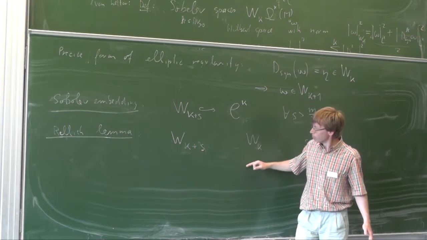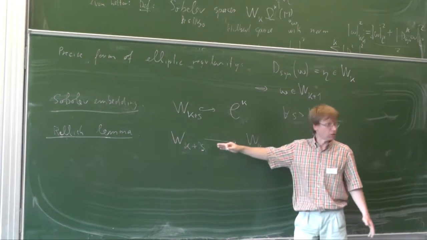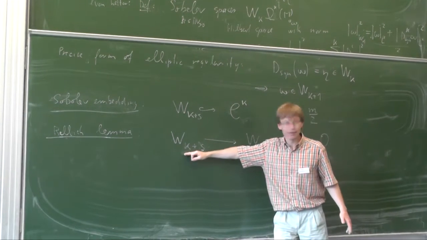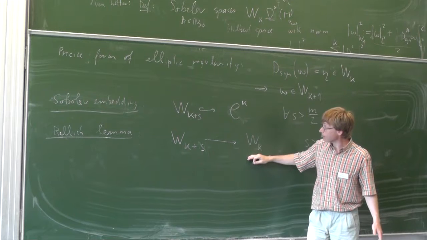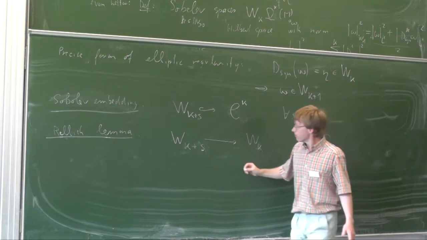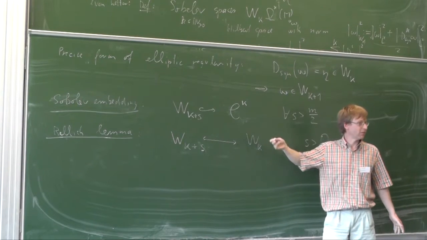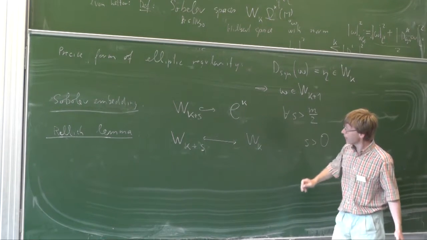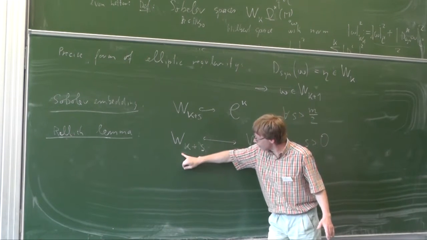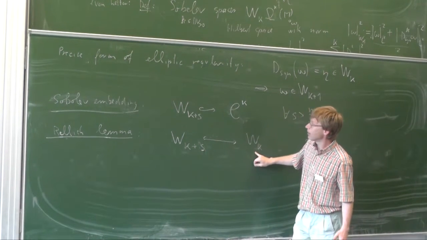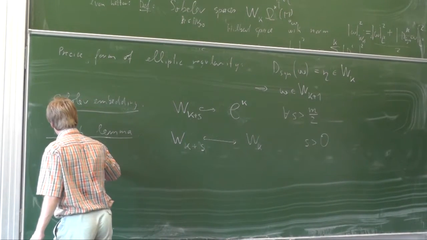We have an obvious extension of the identity map to a continuous map, just because this norm is bigger than this norm, by definition. And what is not so hard to see is that this is actually an inclusion. It doesn't quite follow directly from the completion definition. But the big thing is that this map between this Hilbert space and this Hilbert space is compact for M compact. Now we need M compact again.